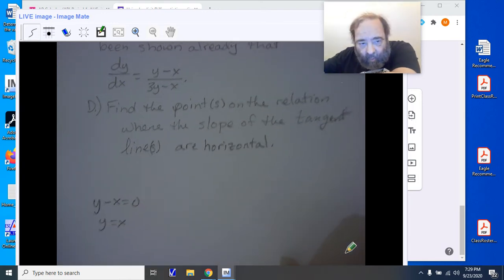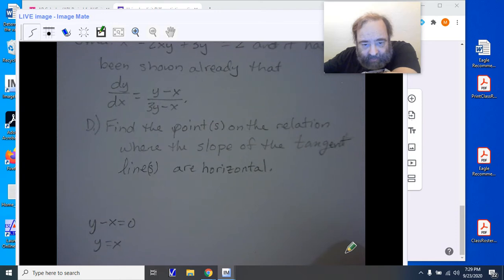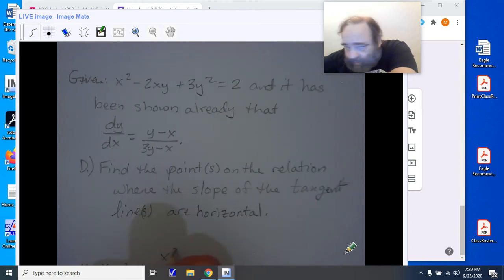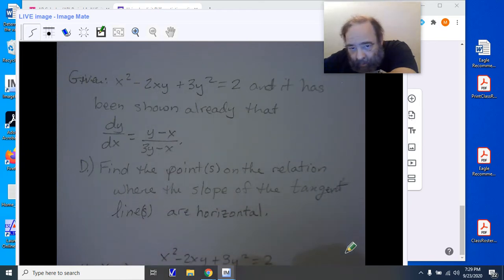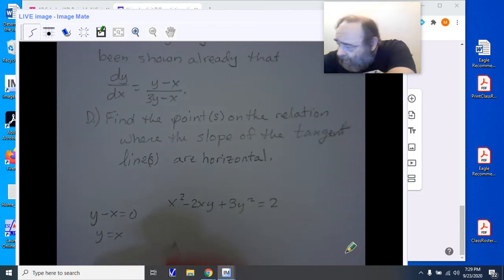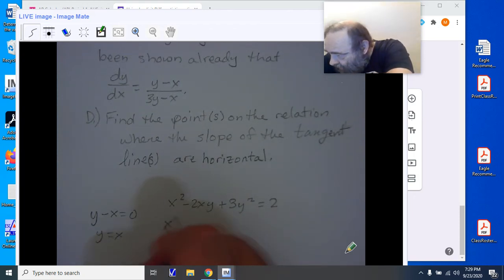So if y and x have to be equal for this situation to occur, I'm going to go back to my original function, x squared minus 2xy plus 3y squared equals 2, and plug in either y for every x or x for every y. I'm going to do x for every y.